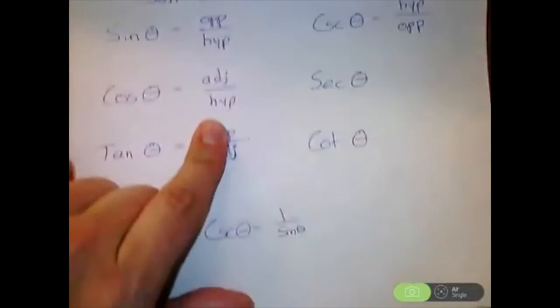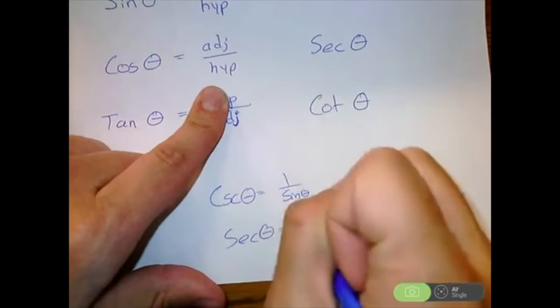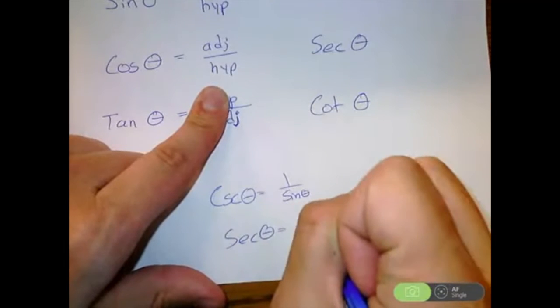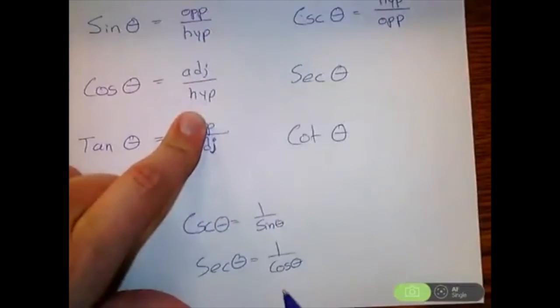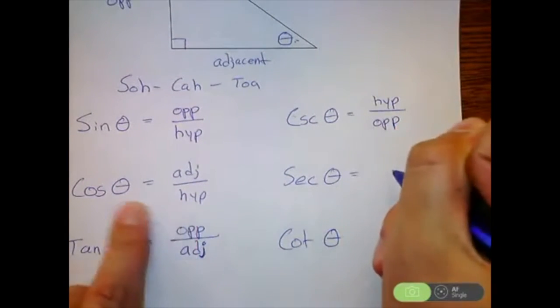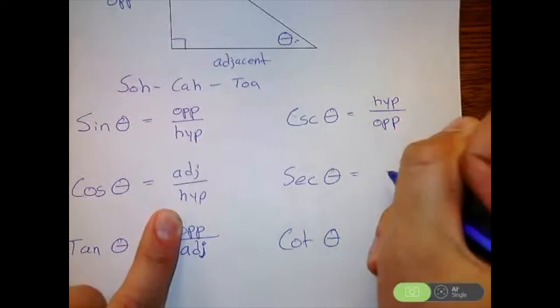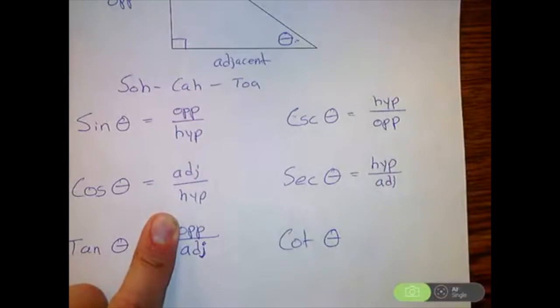Same for cosine. So cosine and secant, the secant is really just 1 divided by the cosine. Since I'm taking the reciprocal there, I'm going to flip it. So if this was adjacent divided by hypotenuse, it's going to be hypotenuse divided by adjacent.